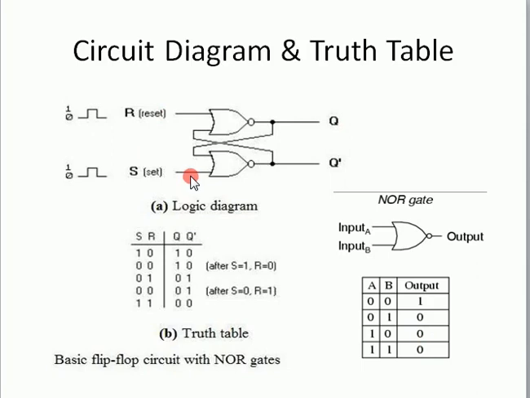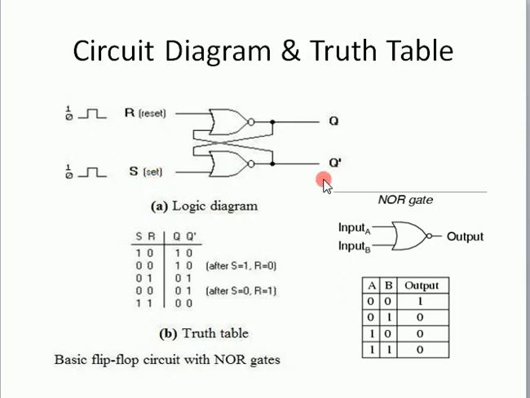So when S is 1 and R is equal to 0, see here, if any of the inputs is 1, regardless of the other input, the output will be equal to 0. So it means when S is equal to 1, then Q complement is equal to 0. Now we will take the Q complement first, because here S is equal to 1.